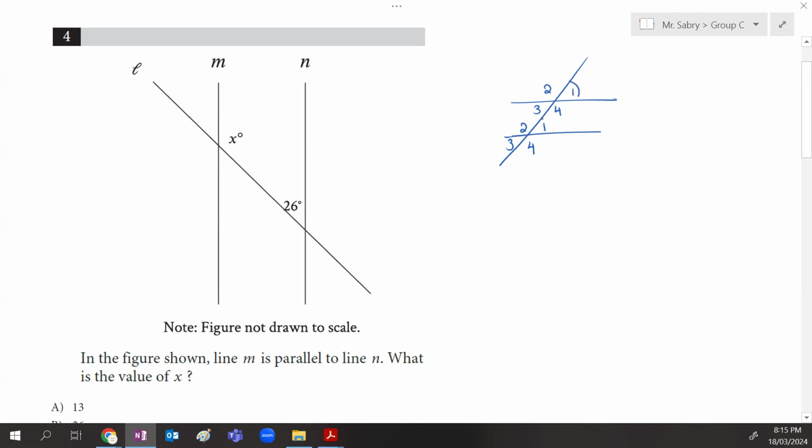This angle is equal to this angle, 4 is equal to this, 3 is equal to this, and this 2 is equal to this. We can also look at it in another way: in parallel lines, all acute angles are equal, and all obtuse angles are equal as well.